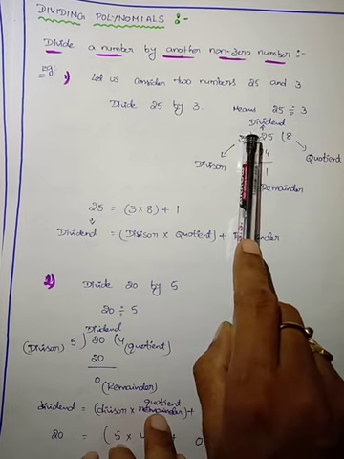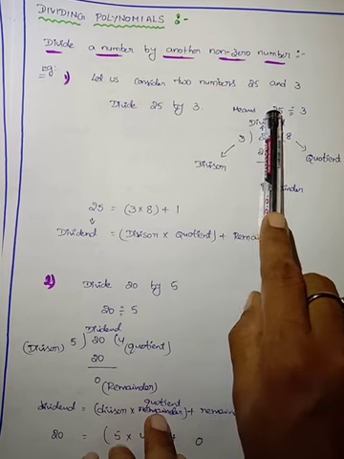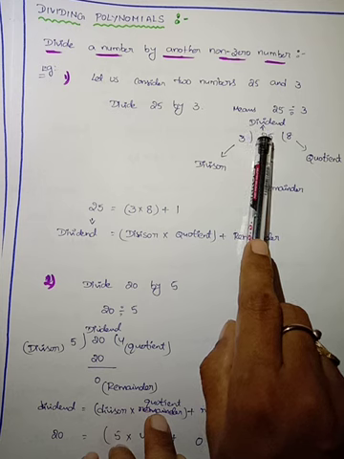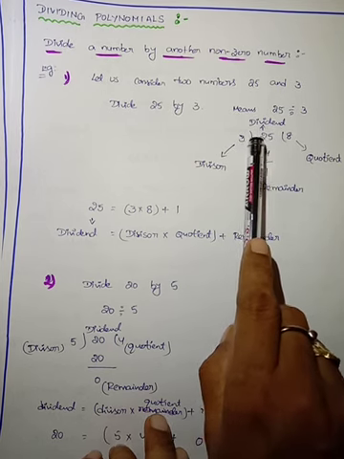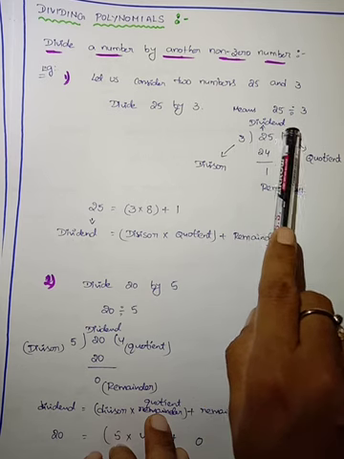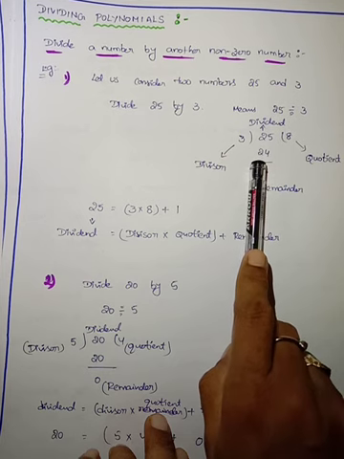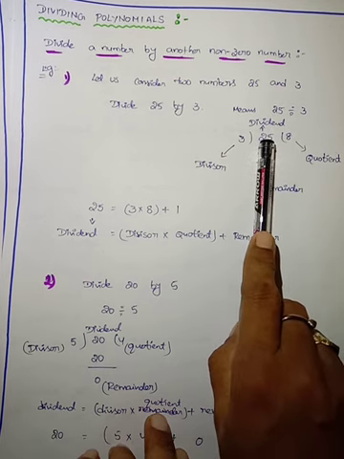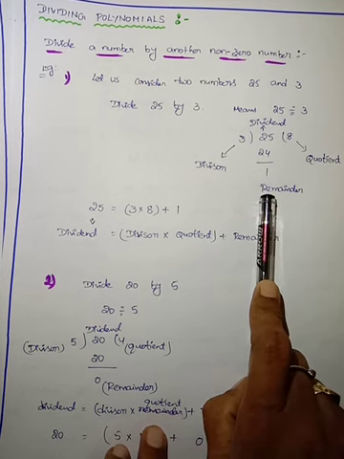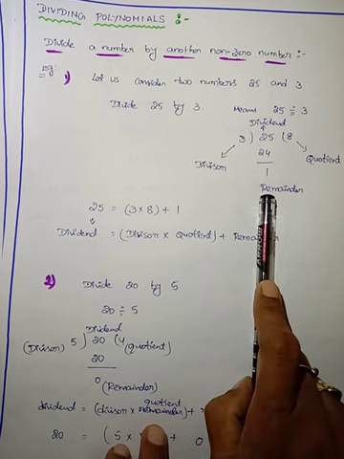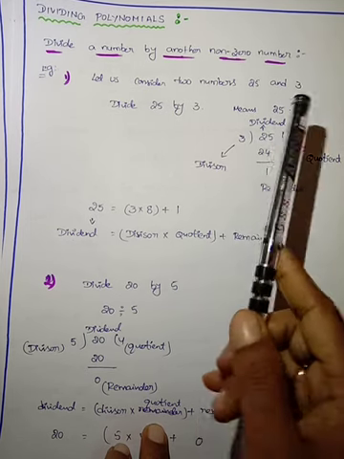The denominator goes on the left side of the bracket and the numerator on the right side. 3 how much? 3 eights are 24. Subtract 24 from 25. The remainder is 1.